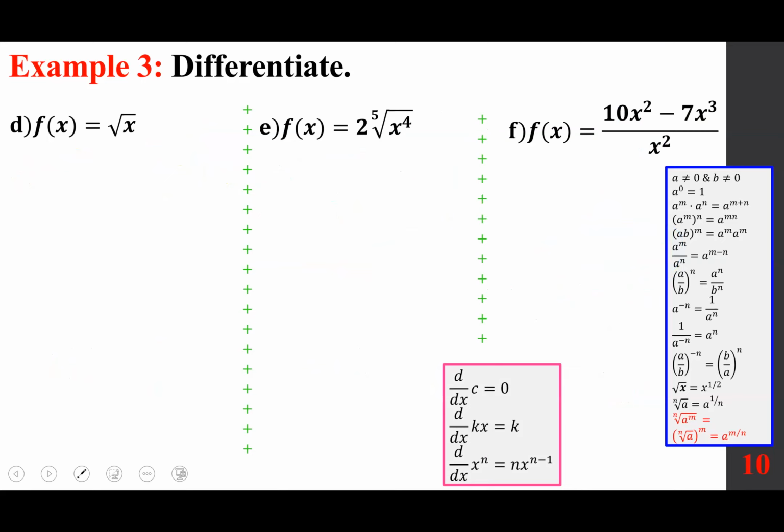Same thing happens here. You have seen this. We change it to x to the power of 1/2. And we write f prime is 1/2 x to the power of 1/2 minus 1.